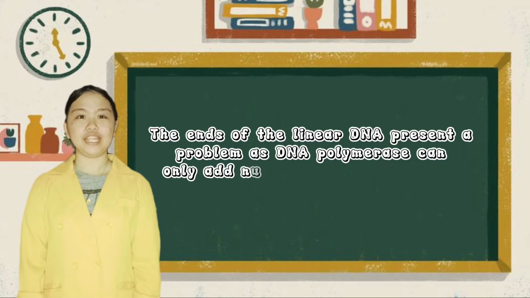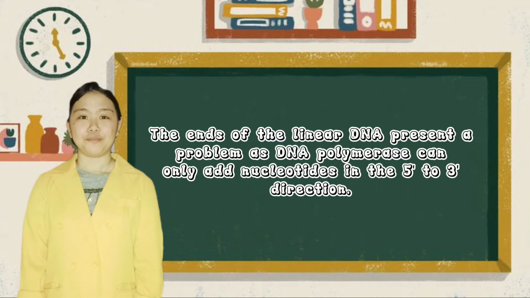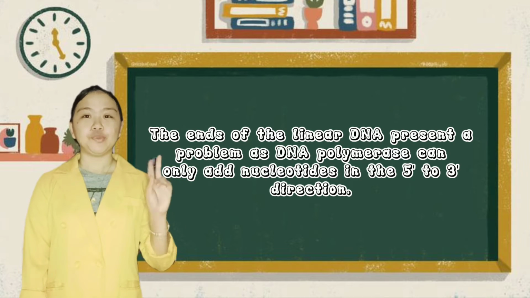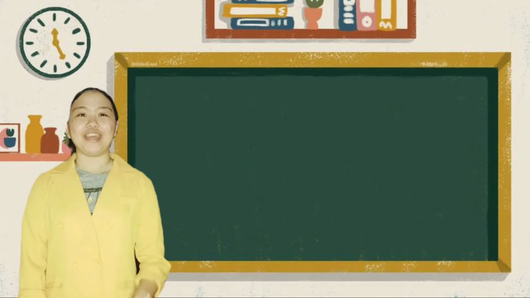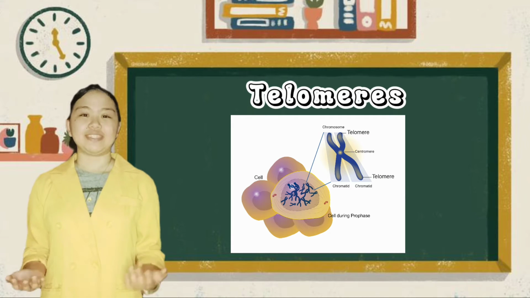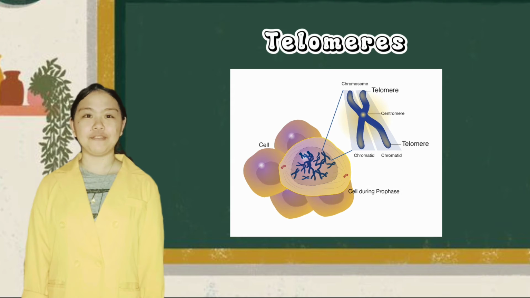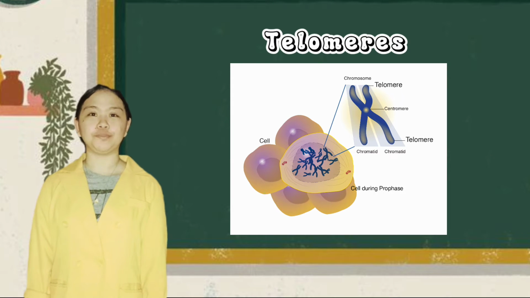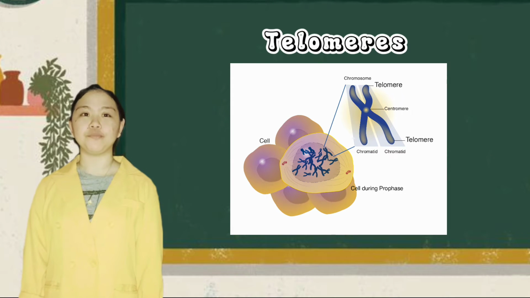The ends of the linear DNA present a problem as DNA polymerase can only add nucleotides in the 5 to 3 direction. The ends of the parent strands consist of repeated DNA sequences called telomeres. Telomeres act as protective caps at the end of the chromosome to prevent nearby chromosomes from fusing.